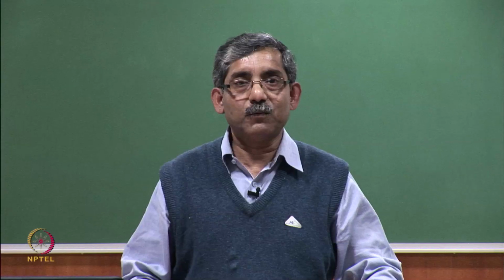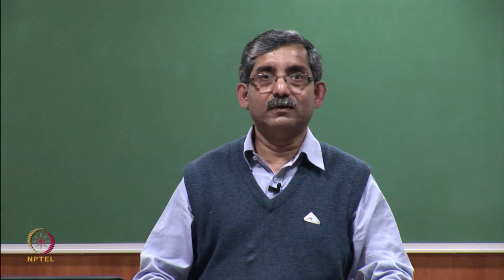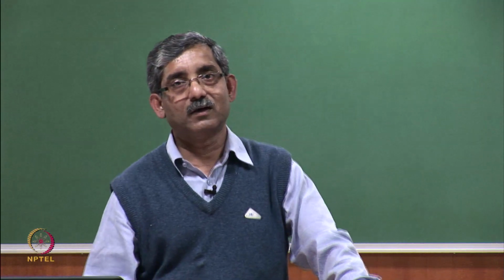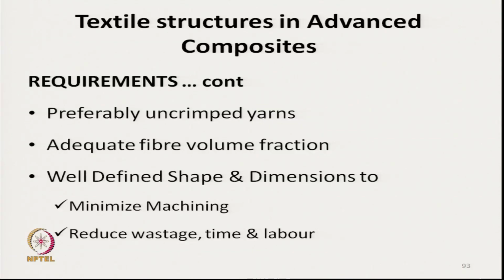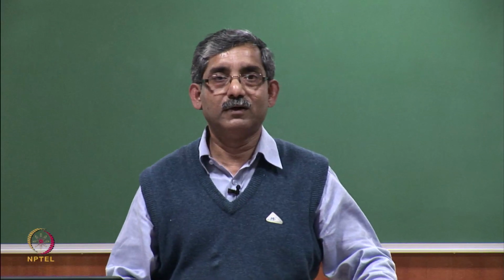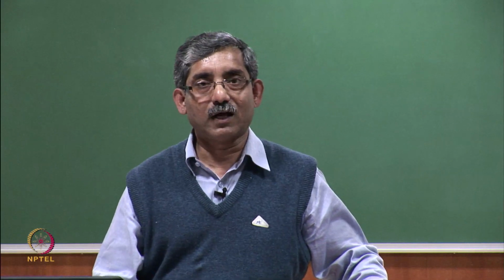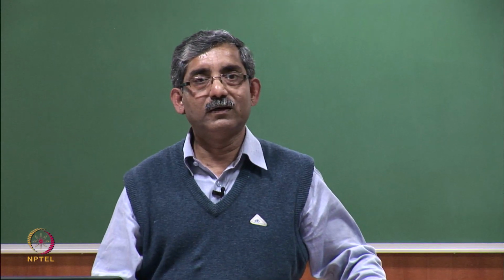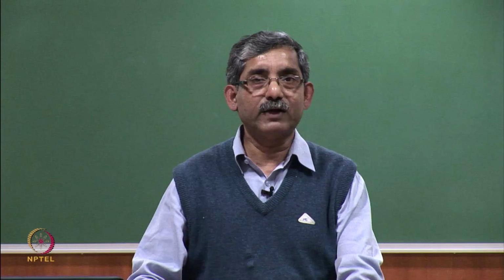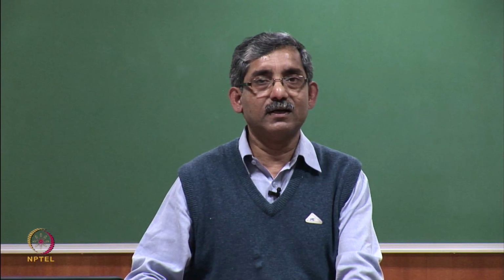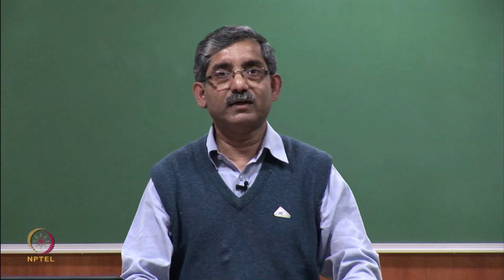Suppose if we need a structure of circular cross section, a circular shape composite, it is better to have a preform in circular shape, otherwise it will be wastage of material. To get the proper shape we need machining. So, well defined shape and dimensions of the textile structure is required.